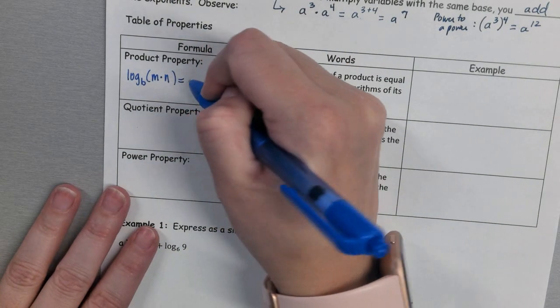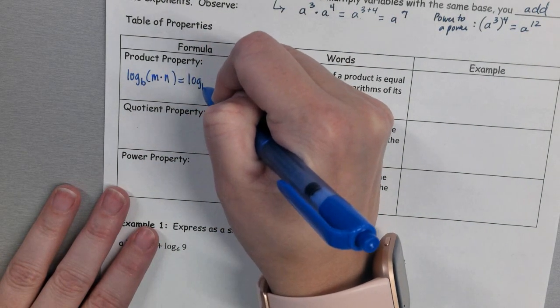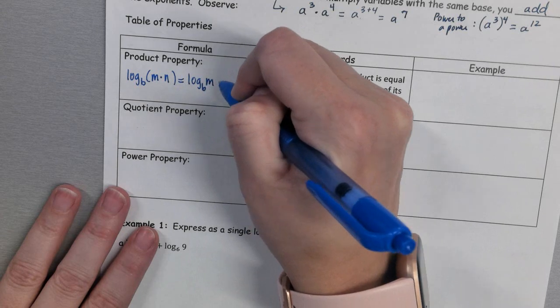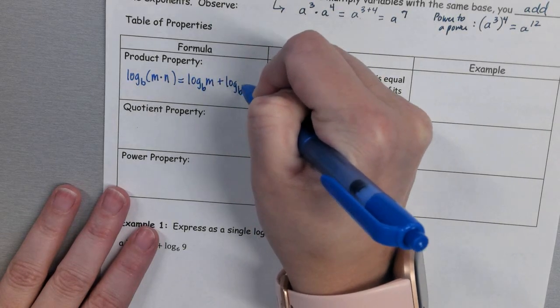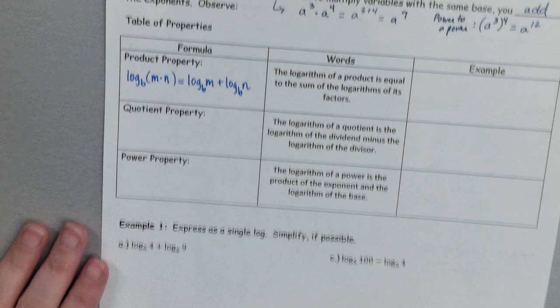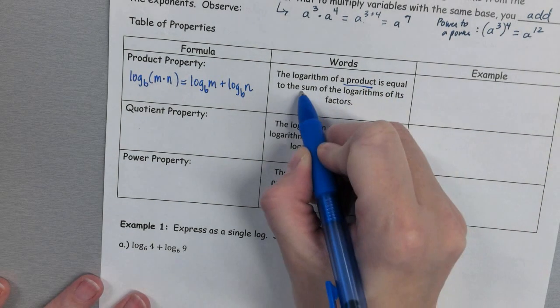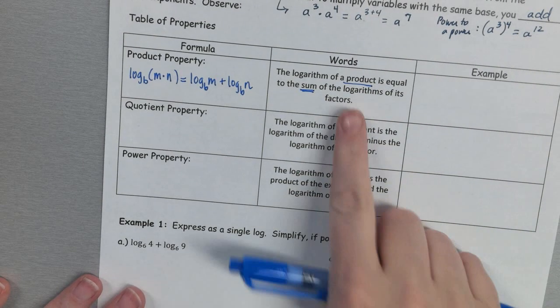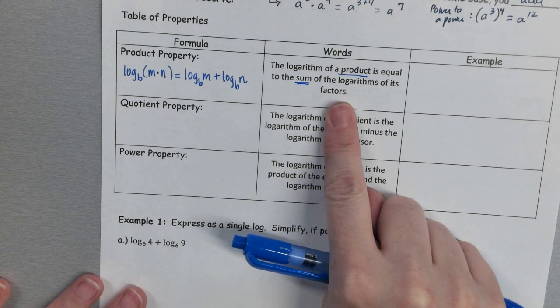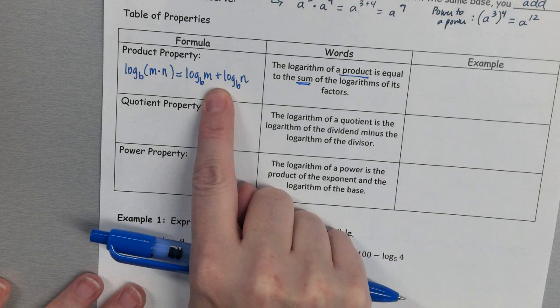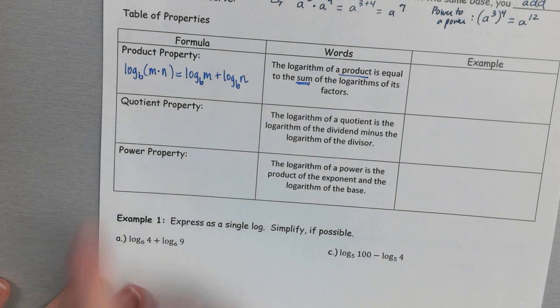You can rewrite this as the log base b of m plus the log base b of n. So the logarithm of a product is equal to the sum of the logarithms of its factors.